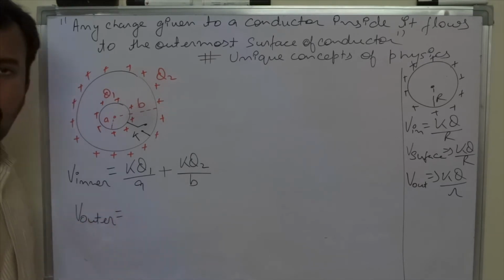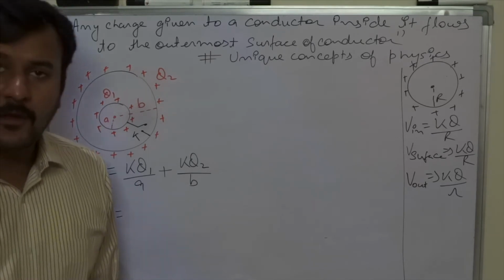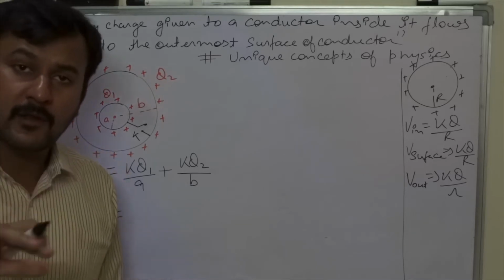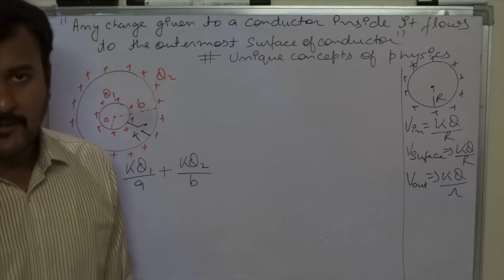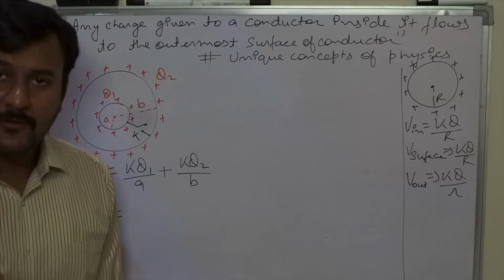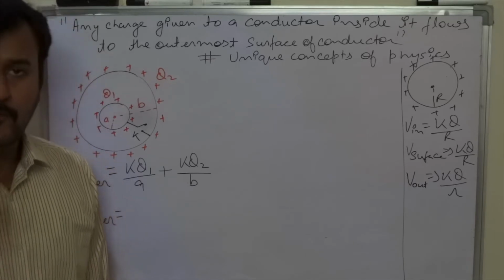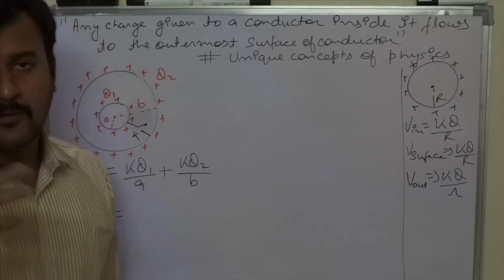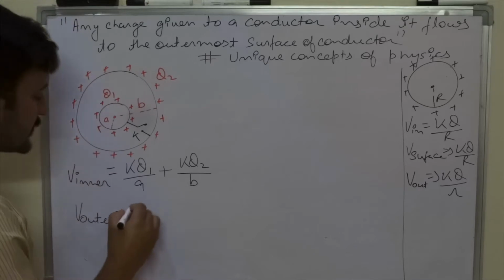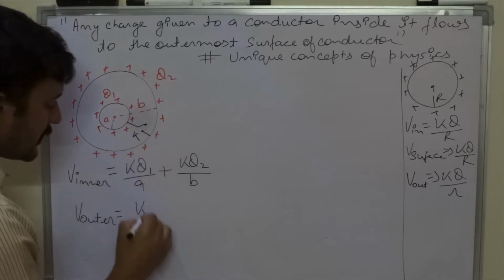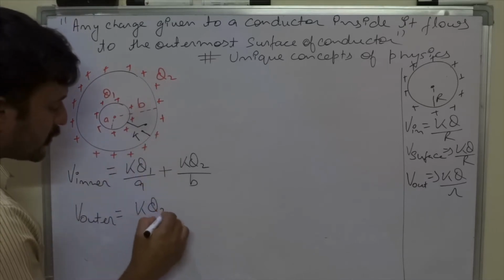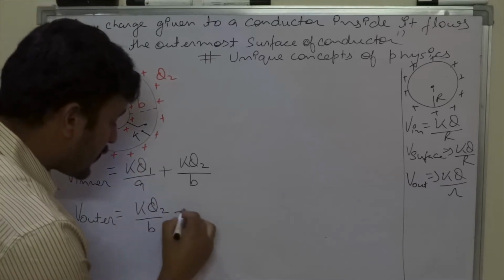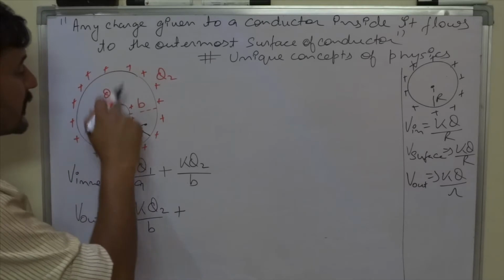Now, V outer sphere. The potential on the outer sphere will also be due to that outer sphere itself, as well as due to the inner sphere. First we write the potential of the outer sphere due to itself. So the potential of the outer sphere would be K Q2 by B due to itself, and then the potential of the outer sphere due to the inner sphere.